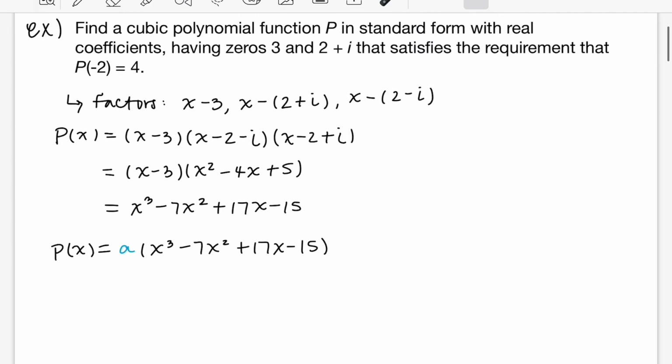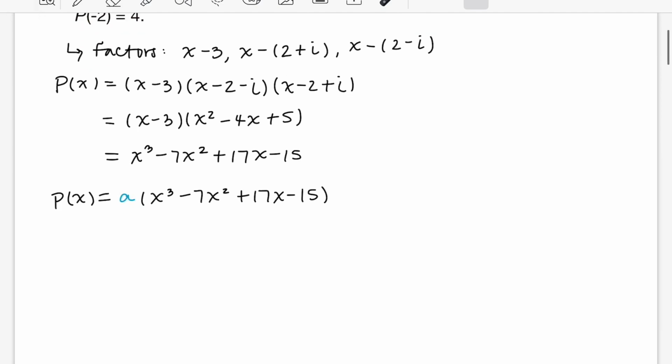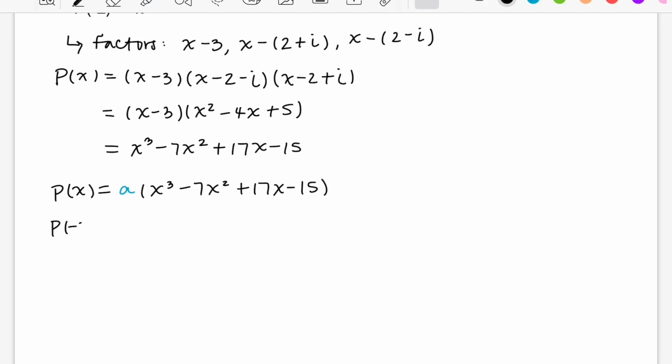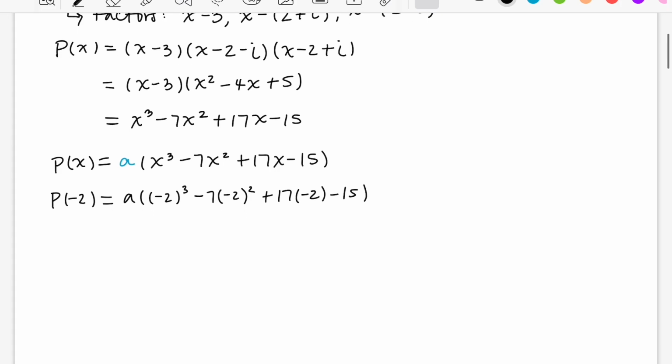Then what we can do is use this here to solve for a. So we'll plug minus 2 into our polynomial function. And this is going to be equal to 4. So then we'll get a times, we'll have minus 8 minus 28 minus 34 minus 15.